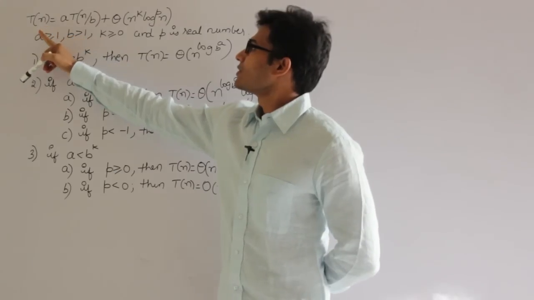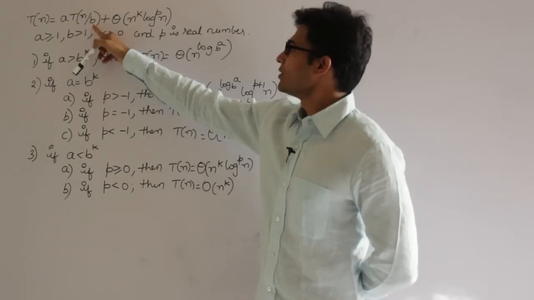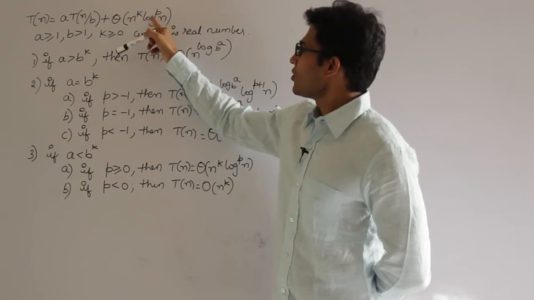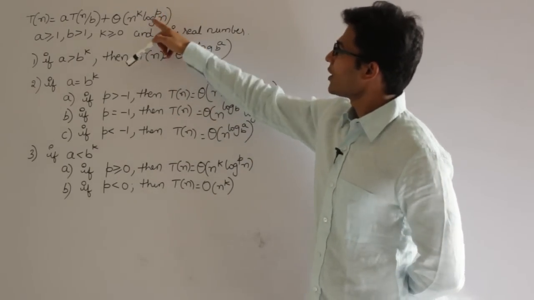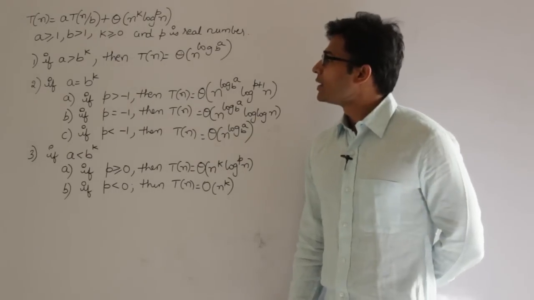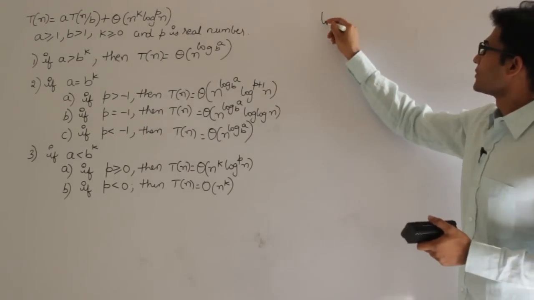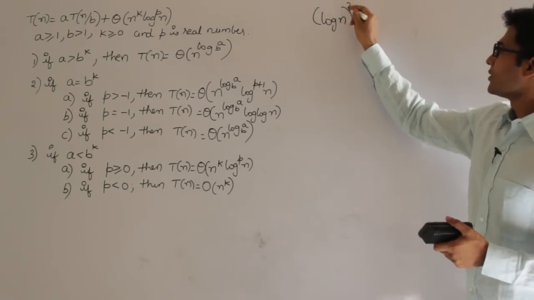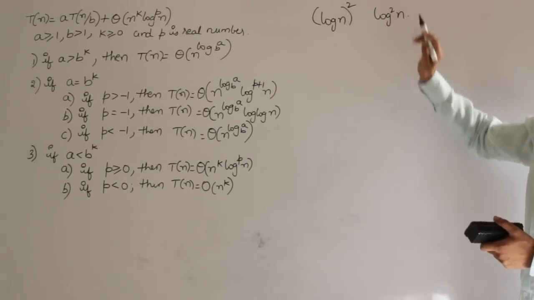So if the recursive equation is like this, T of n equal to a into T of n by b plus theta of n power k log raised to the power p n, which means log n raised to the power p. One thing you should understand is, whenever we write log n square, this is different from log square n.